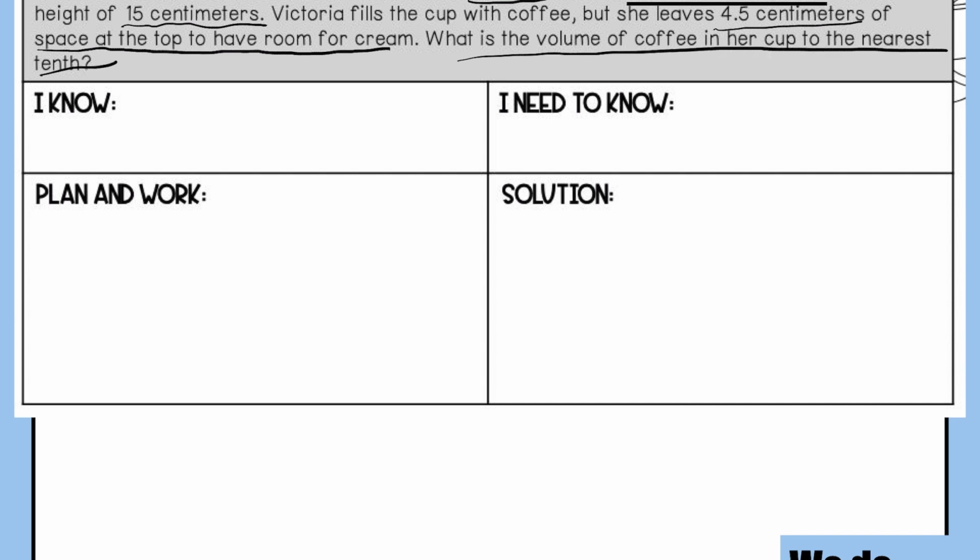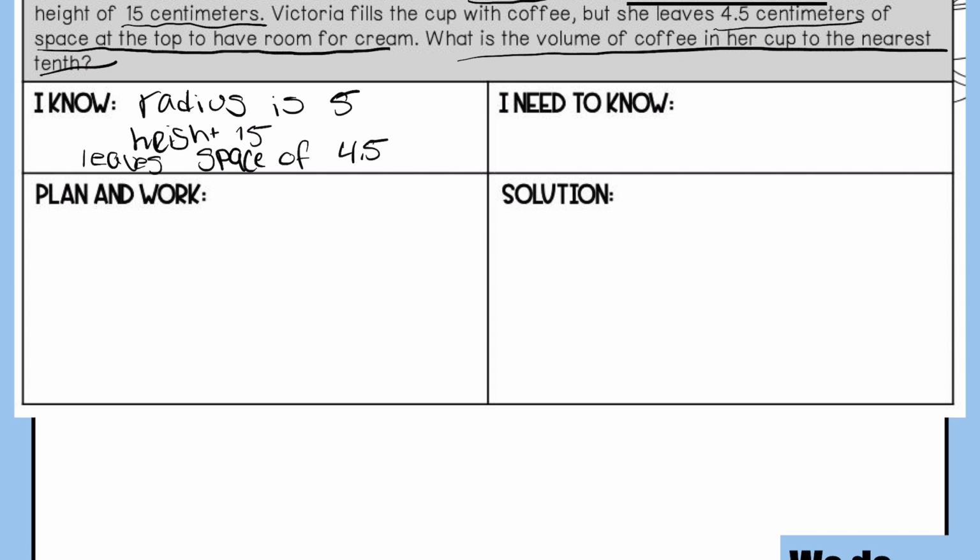So what we know here is that the radius is 5 centimeters. The height is 15, but she leaves the space of 4.5 centimeters.